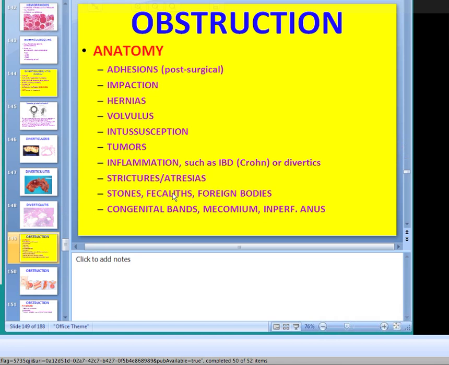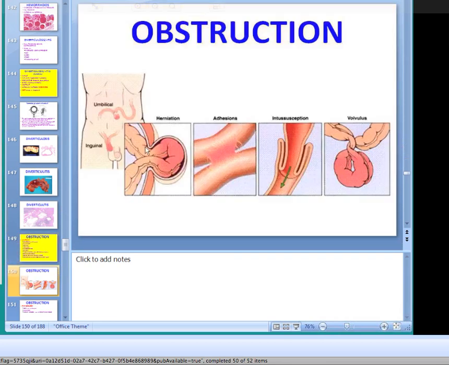You can have fecaliths. And as you know, a fecalith, which is an impacted, perhaps calcified portion of feces, is very, very closely related to appendicitis, isn't it? You could have foreign bodies, or you could have congenital problems where there's residual bands. We could have meconium that's obstructed. You could have an imperforate anus, which is not an uncommon condition in babies where they just don't have the opening to the anus. Well, think about it. You know that's going to obstruct things.